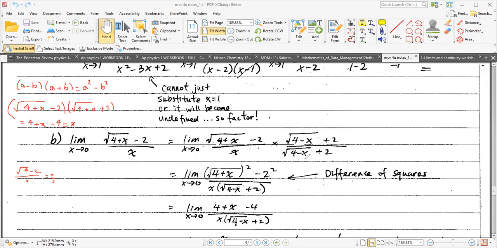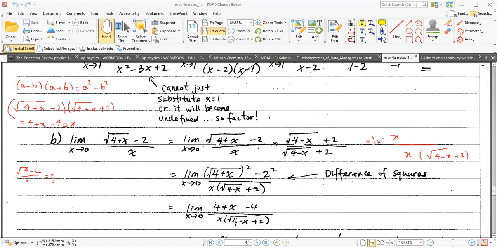Since you multiply, you have to divide by the same thing because you don't want to change the whole thing. You divide and multiply by the same thing. When the numerator is multiplied by that, if you simplify, it will become x. And then the denominator is x multiplied by the square root of (4 + x) plus 2.